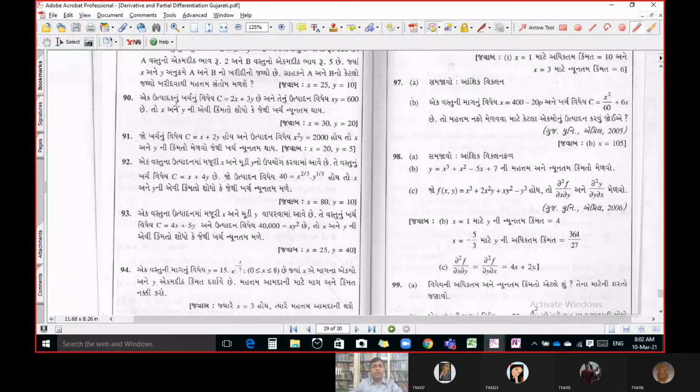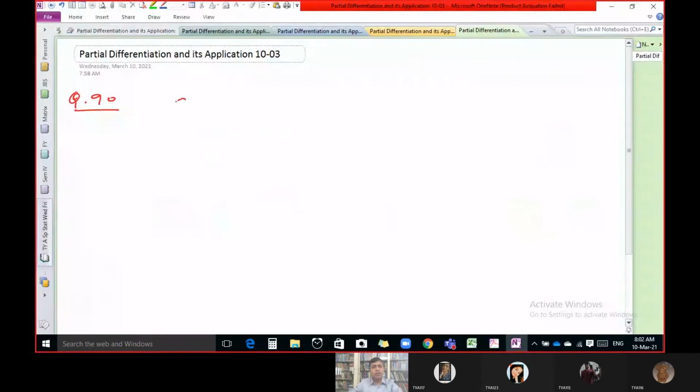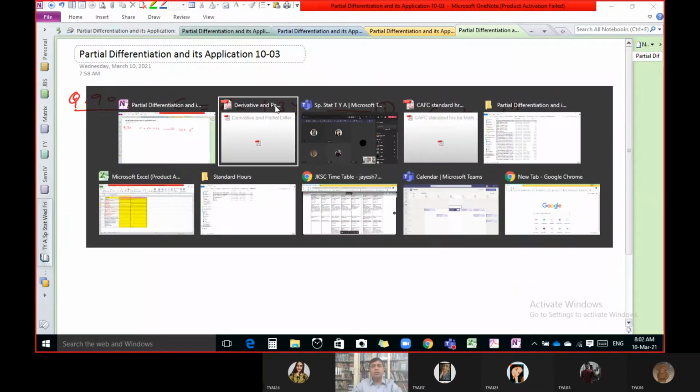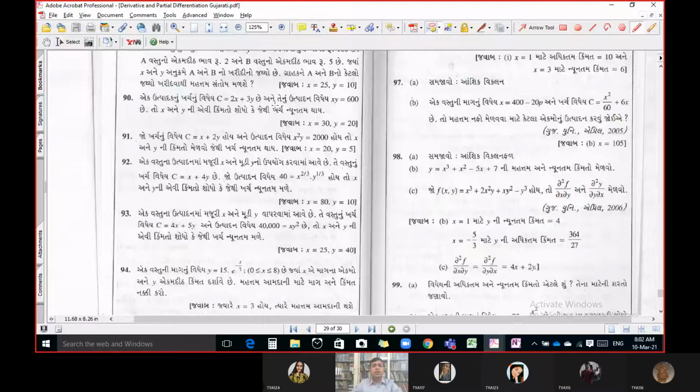For one of the manufacturers, the cost function is given: C equal to 2x plus 3y. This is the cost function. Here also a production function is given, xy equal to 600.